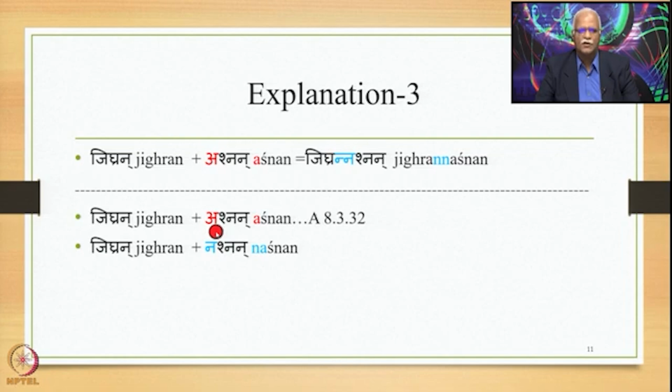Now this ach would get the augment ngamut, so it will be added before. Now because this is na, the closest amongst the ngamut augments is na itself. So we add na over here before, and then we get the output nashnan, and when we join them together we get Jigran Nashnan. This is how we can explain this output Jigran Nashnan as coming from Jigran plus Ashnan. These would be the 2 constituents.